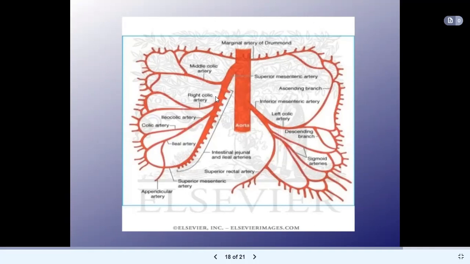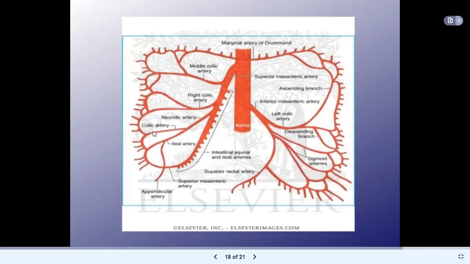And then we'll have the right colic artery, which is going to supply the ascending colon. And then we'll have the ileocolic artery, which goes to supply some parts or the junction between the ileum and the ascending colon.